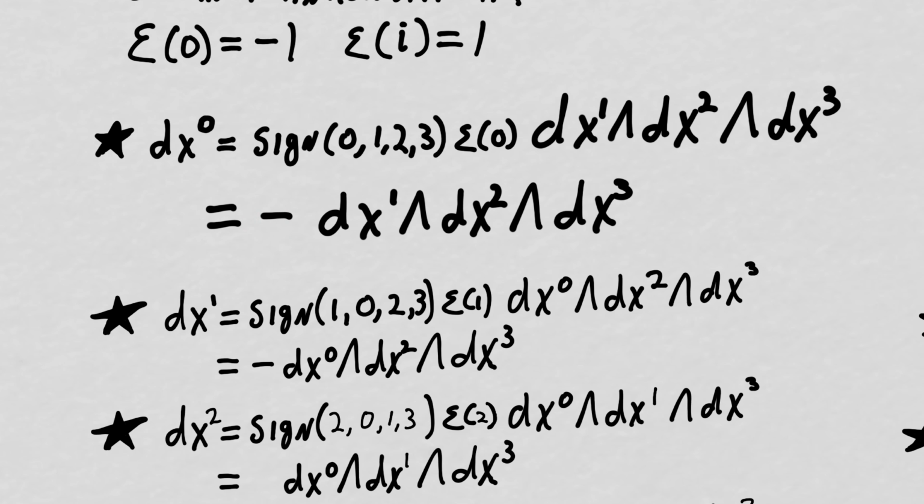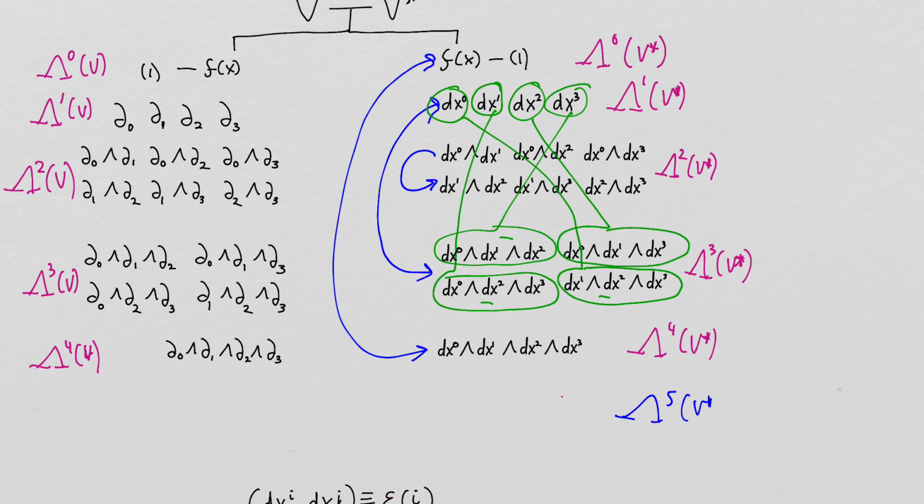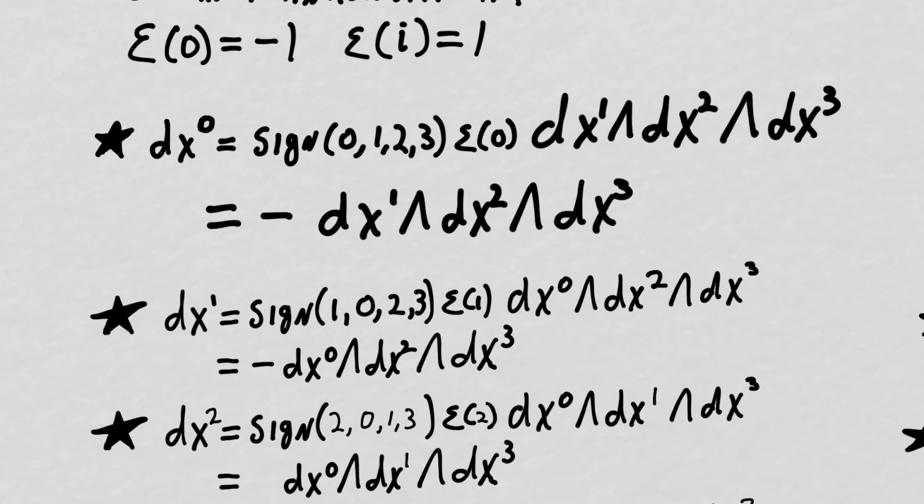So that tells me right away that if I go to dx0, I can map it to minus dx1 dx2 dx3. I actually did this mapping earlier, so I'm writing it right here. So that is one of the 4 done, right?